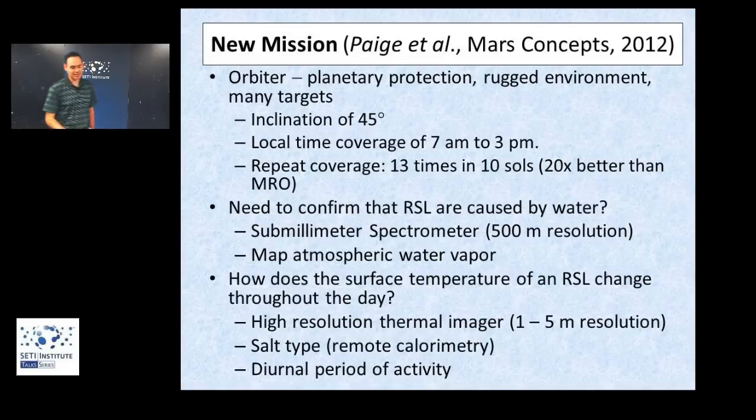These are the kind of instruments you might need to really confirm that these are water: better local time coverage, repeat coverage more than once a day, map the water vapor actually sublimating or evaporating out, and figure out what the temperatures actually are by imaging their temperature instead of these giant pixels that we're using now. So yes, it would be great to go there. That would solve all our problems, but unfortunately, we can't.